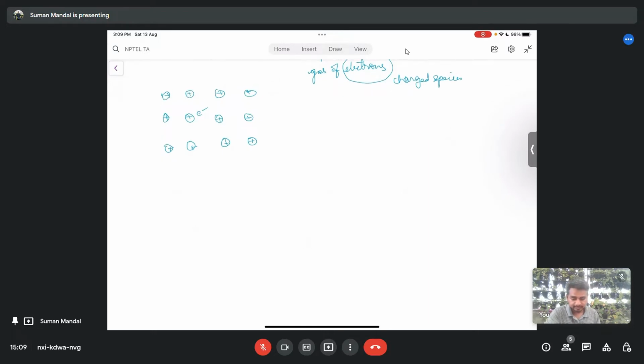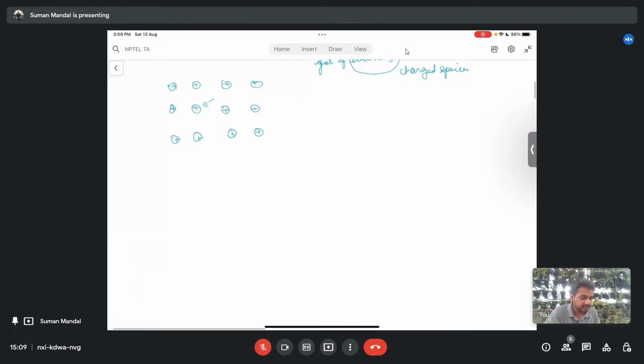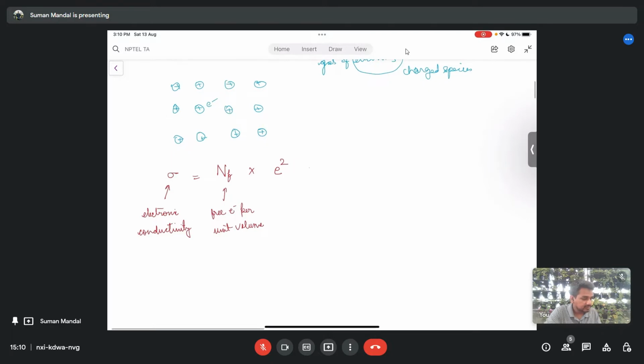If you look at the expression for the electronic conductivity, which is given by sigma, it is given as the density of free electrons, which is the free electrons per unit volume, times the square of the electronic charge, times a time factor, which is the relaxation time, or the mean time between collisions.